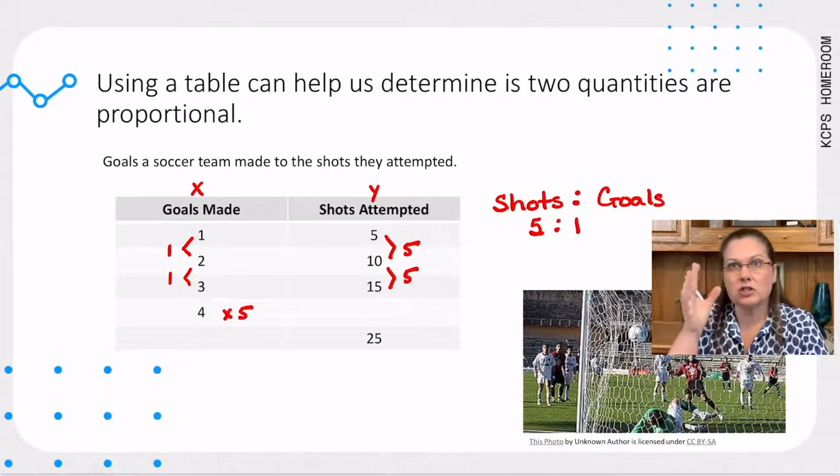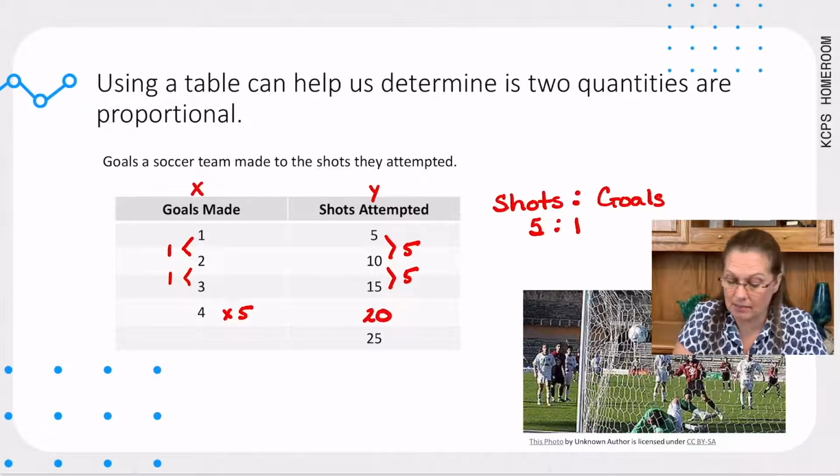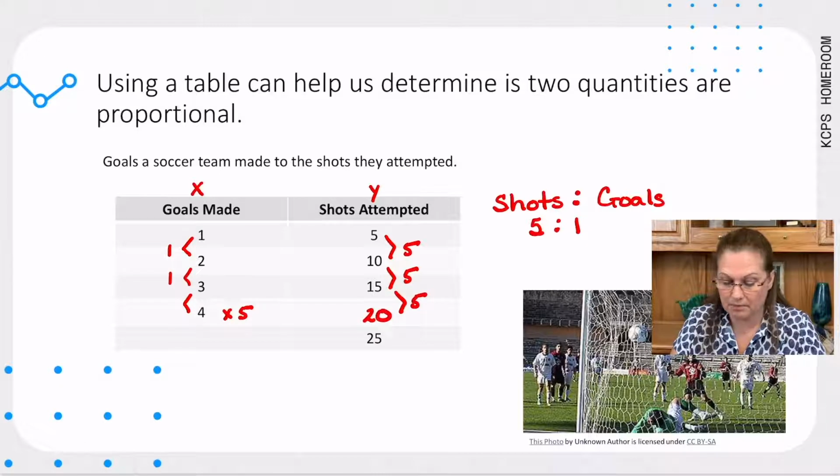Now we can check to make sure that our constant rate of change is the same. The difference between 15 and 20 is 5, and the difference between 3 and 4 is 1. So we still have our constant ratio.